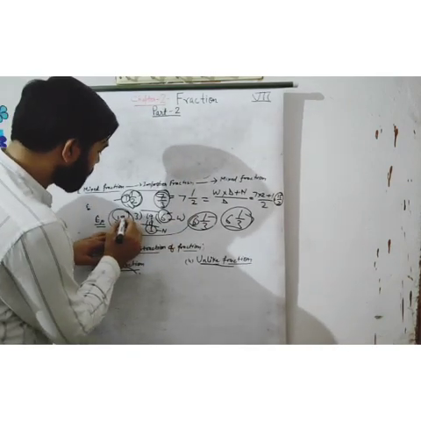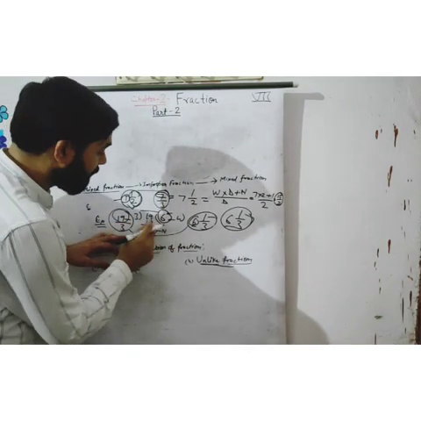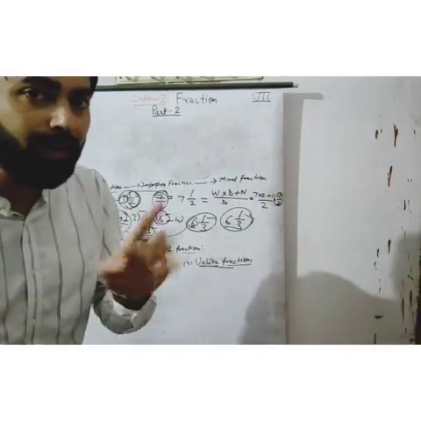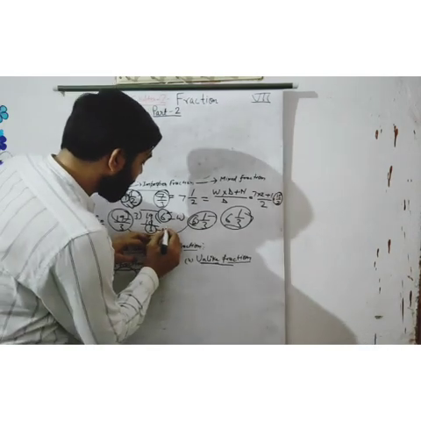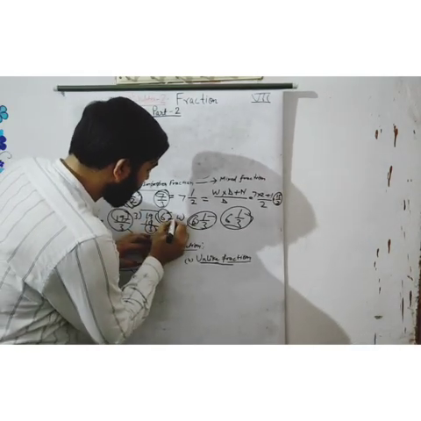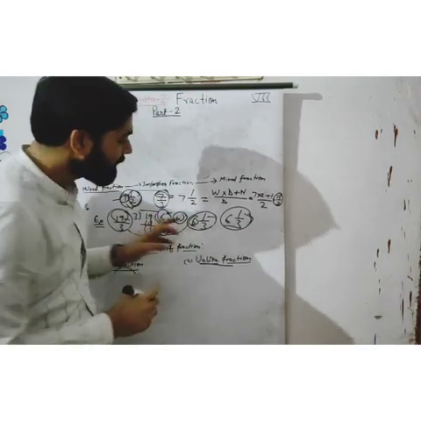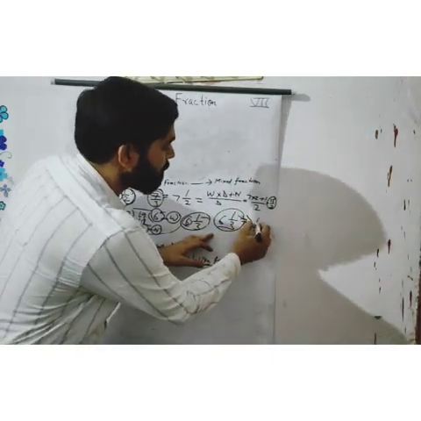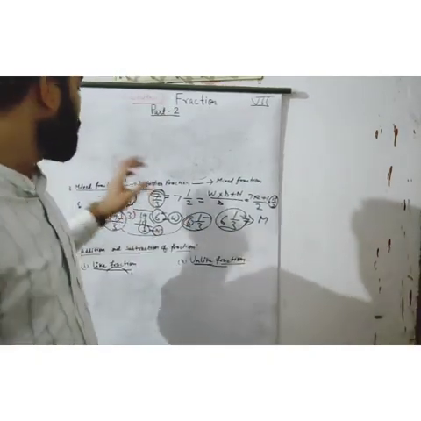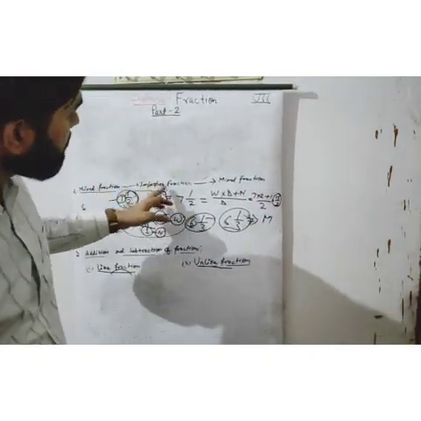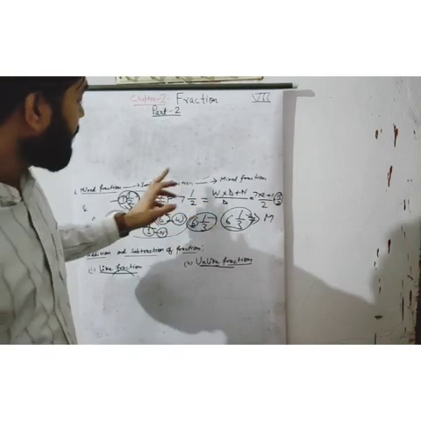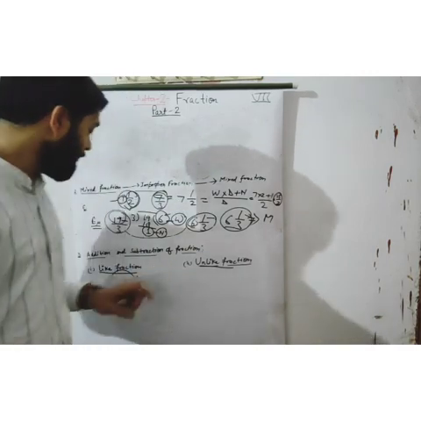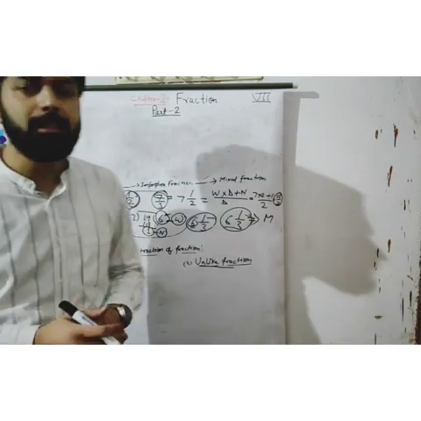So 19 divided by 3 gives 6 as the quotient and 1 as the remainder. The remainder is always written as the numerator and the quotient always as the whole number. Then the answer will be 6 and 1 upon 3. So this is the mixed fraction. A mixed fraction is converted into improper by this rule, and improper into mixed fraction by the division rule. And now the next heading is addition and subtraction of fractions.